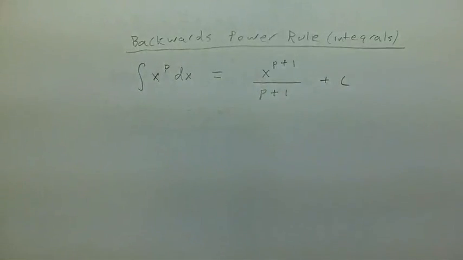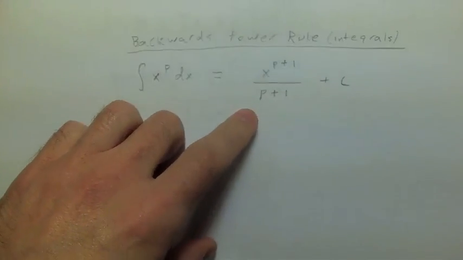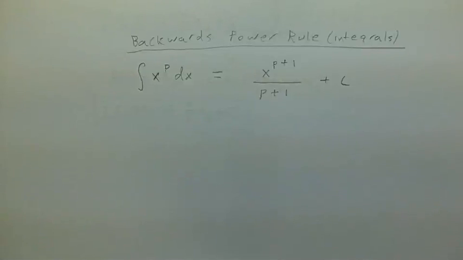So it does the opposite of what the power rule for derivatives does. Remember, for derivatives, you bring the power down with multiplication, then you subtract 1 in the exponent. The integral does the exact opposite. It adds 1 to the exponent, then divides by that number, even in the opposite order.